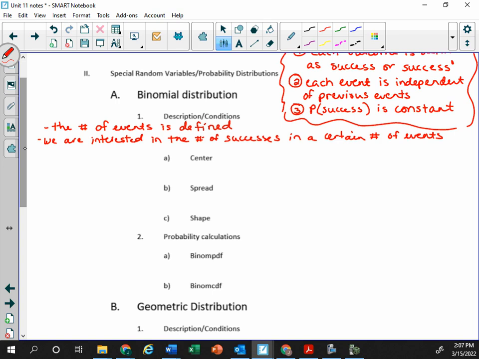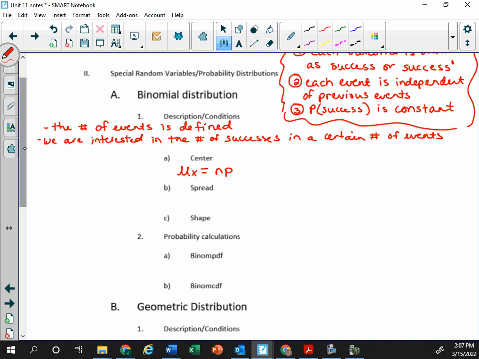All right, your center, your mu of x, is just n times p. We'll look at your number of successes, all of that stuff. I'll show you this in an example, and it'll make a lot more sense. We do have a lot of p's.